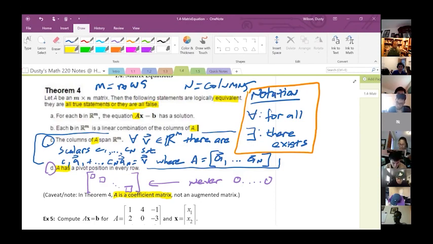Does that mean that you can only have a unique solution? Say that again. If you're not going to get 0, 0, 0s, you're going to get only one solution, right? If we span, I could get free variables. Not necessarily. Good question.